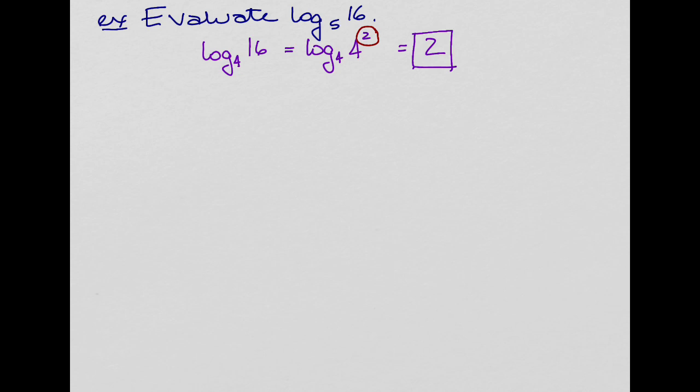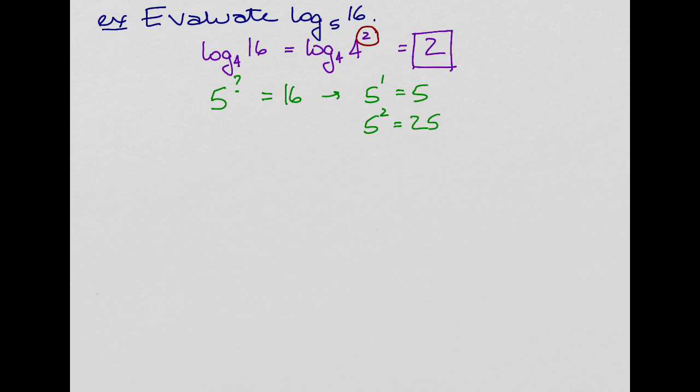Unfortunately, that's not what it says. It says log base 5 of 16, which means what power do I have to put on 5 to get 16? Well, I know that 5 to the first power is 5, and 5 to the second power is 25, but 5's not enough, and 25 is too much.